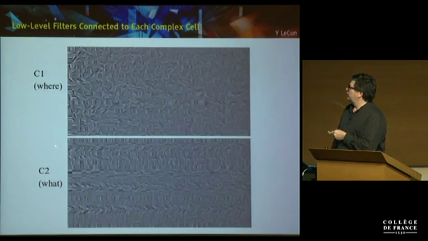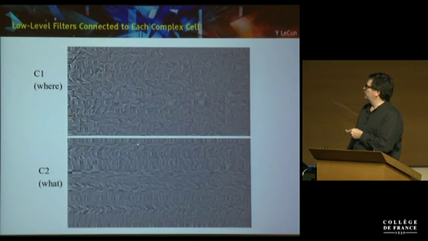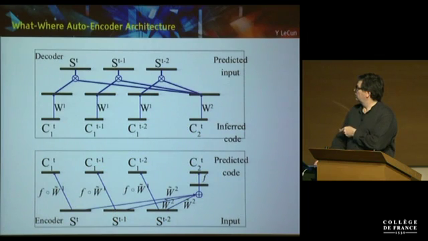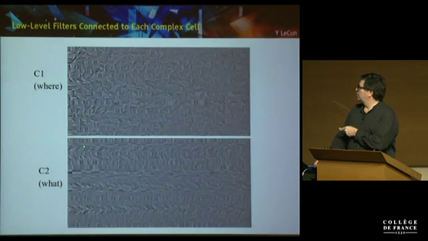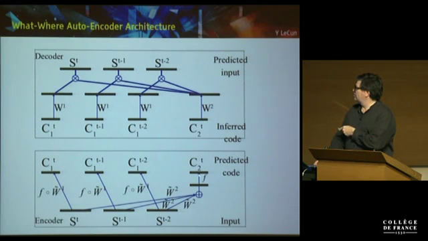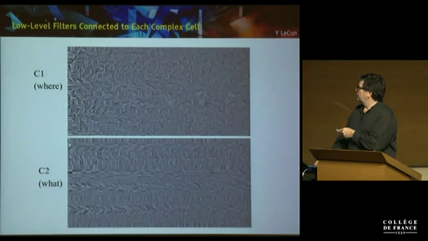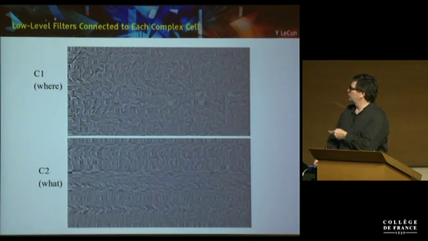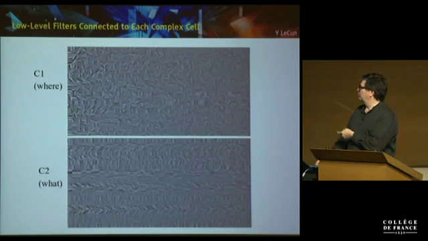It works quite well. You end up with detectors that detect a specific feature, for example, a horizontal edge without thinking about position. That's for this code here. What we're showing you here are low-level features that activate a unit here that may be viewed as a sort of complex unit after pooling, but there's no pooling. All of these features on the input, irrespective of their position, will activate this specific feature in what we call the what, the content that is.